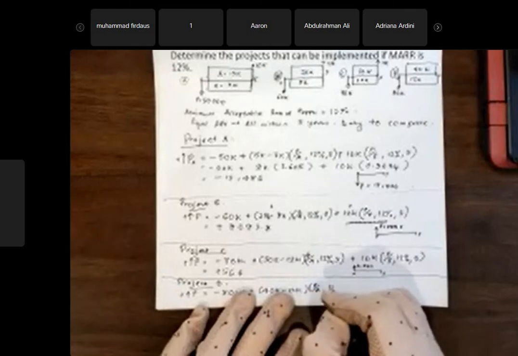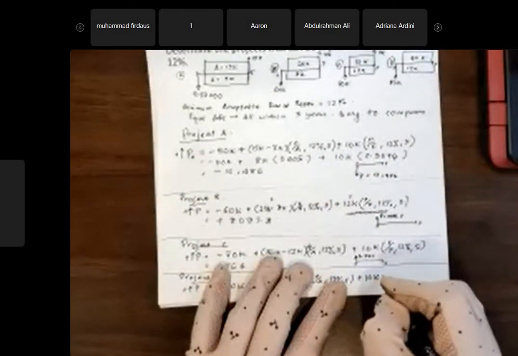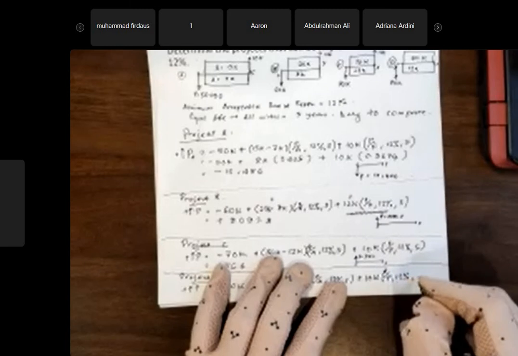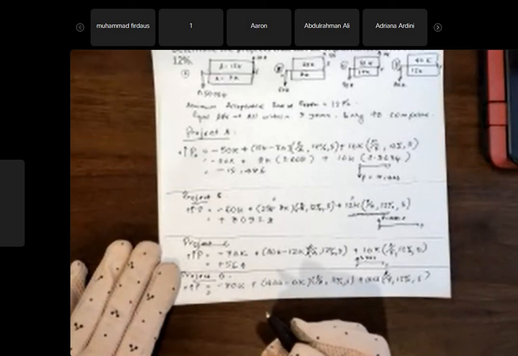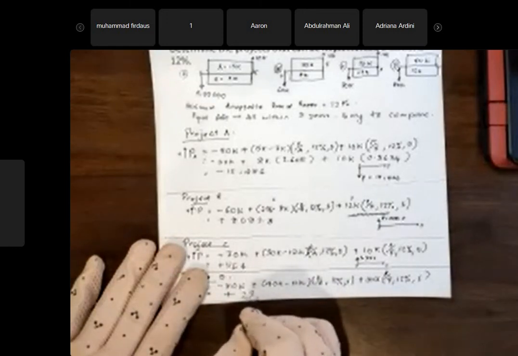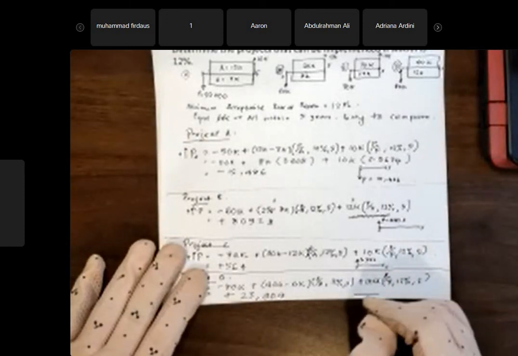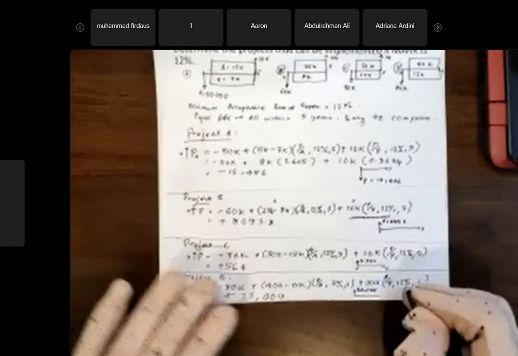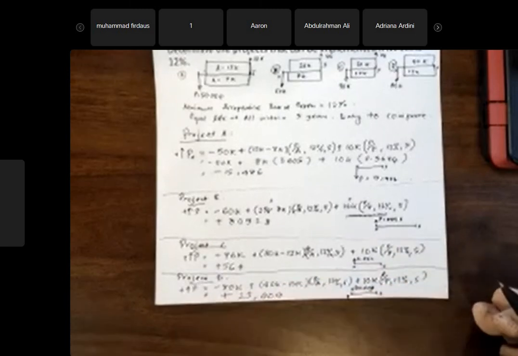It is repetitive like this, but it is easy if we just compare like this. The answer is plus 23,009, so you get upward 23,009.